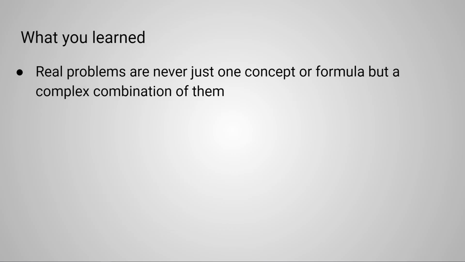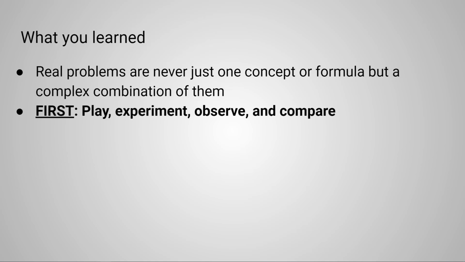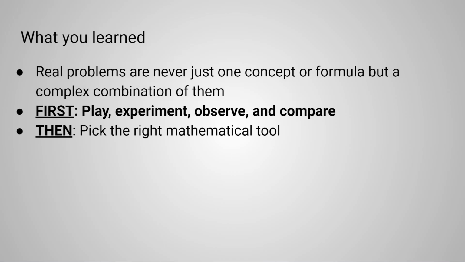What got us through this problem was not the successful application of a formula. It was the successful use of our human brain to play, experiment, observe, and reason, and then pick the right mathematical tools, and then use them correctly.